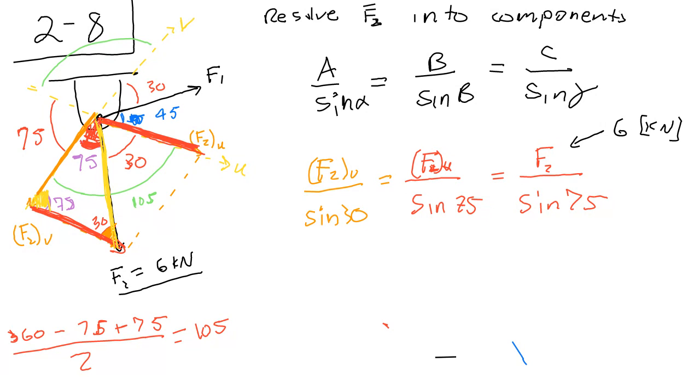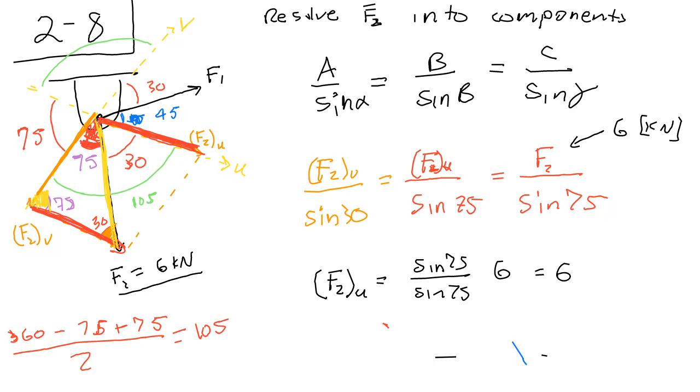Okay, so in the end, we're going to have F2U equals, well, if we look at it, it's an interesting result. It's sine 75 over sine 75. So those two cancel out. Times 6.